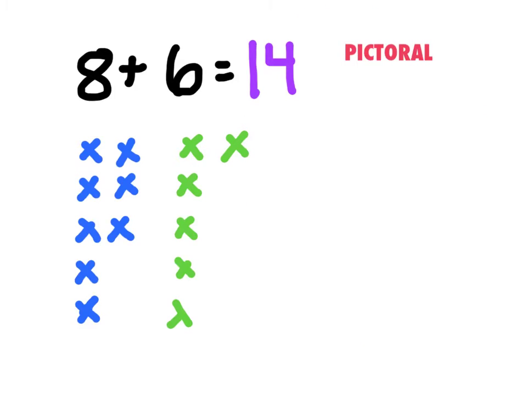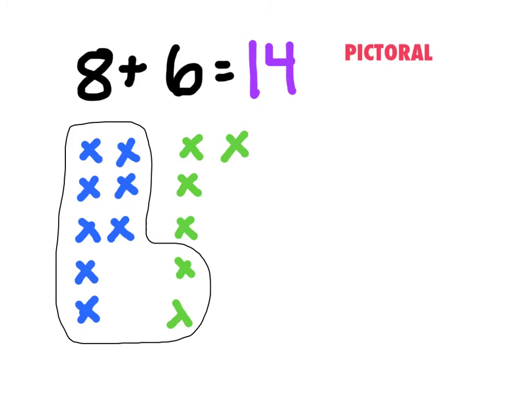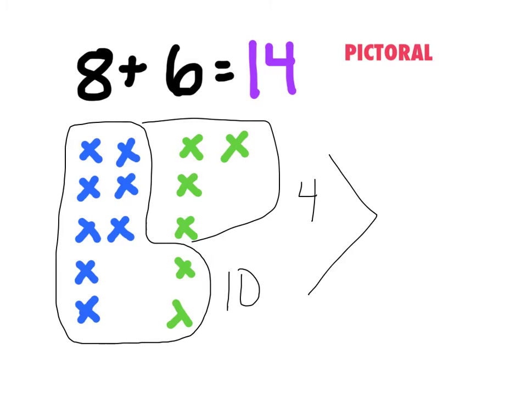Here we have 8 blue X's representing the addend 8 and 6 green X's representing the addend 6. What we're able to do is make a 10 by grouping 10 of those and having 4 remaining. 10 and 4 make 14, just as 8 plus 6 makes 14.